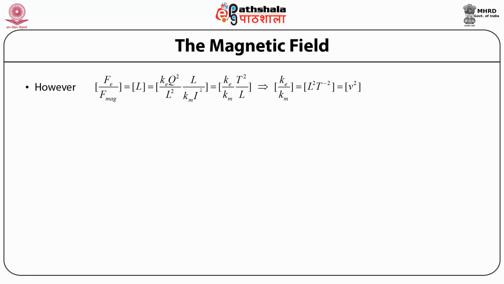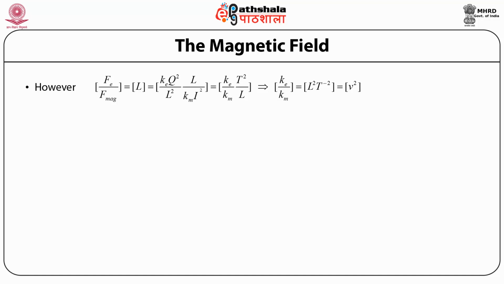So, considering the dimensions, we have Fe divided by F mag is equal to L equals Ke Q square divided by L square into L divided by Km I square, which is equal to Ke by Km into T square by L, which further implies that Ke by Km is equal to L square T raised to the power minus 2, which is equal to V square.